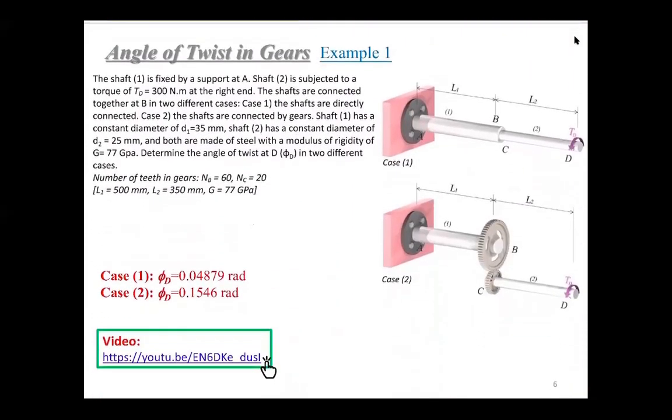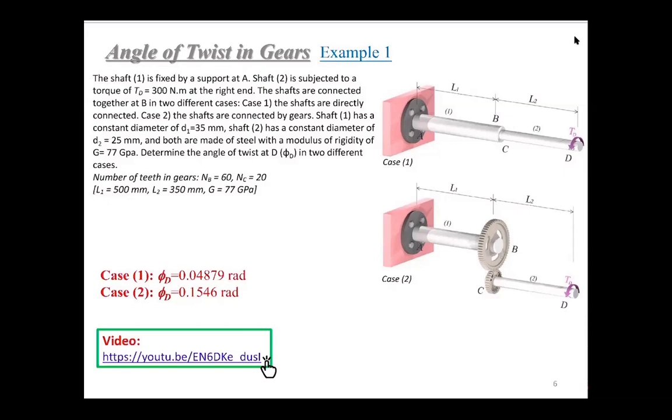Okay, let's give some numbers to solve this problem in example 1. The shaft 1 is fixed at support A. It's exactly the same as these two cases, just with some numbers, and TD equals 300 Newton meter at the right end.